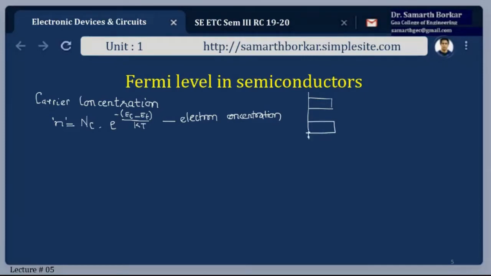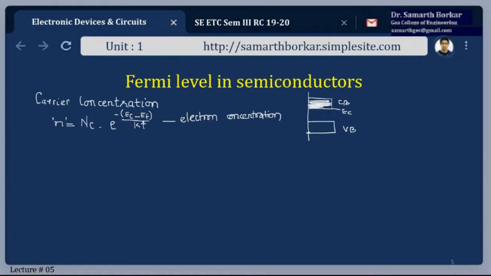You have a valence band, you have the conduction band. Now, this EC points to the lowest energy level of the conduction band. So when we say band, it is basically a collection of energy levels. This density is given by this value, capital N subscript C, in the conduction band. C stands for conduction band.